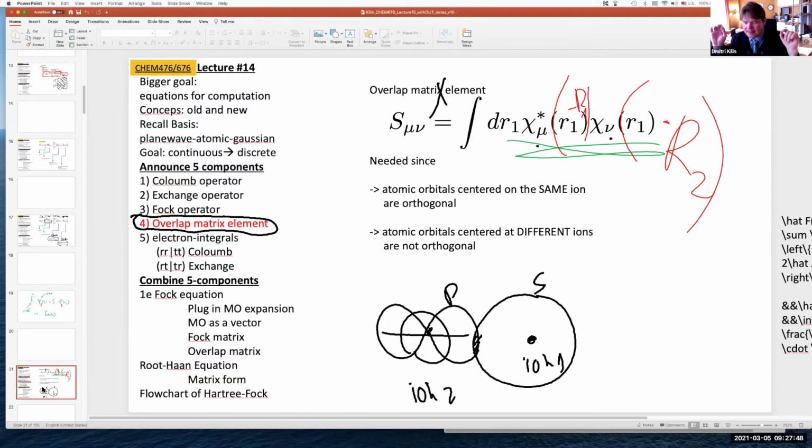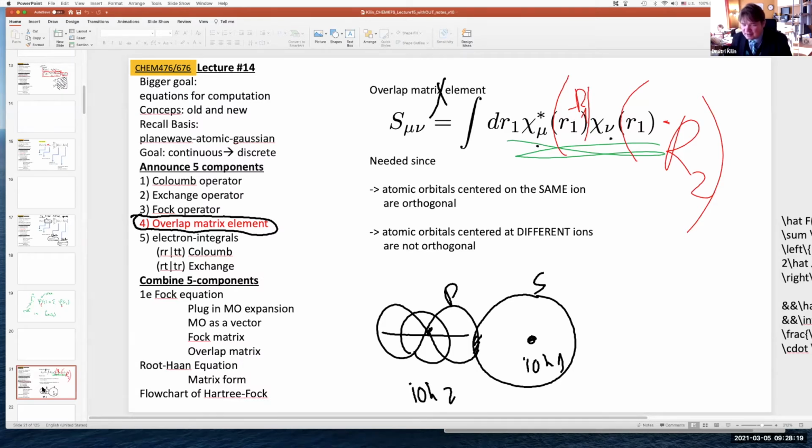So if we consider atomic orbitals localized on one atom, then they all are orthogonal. Then if one takes an atomic orbital and multiplies it by another atomic orbital and integrates, one will get either 0 or 1. 1 if it is the same, 0 if they are different. Correct?